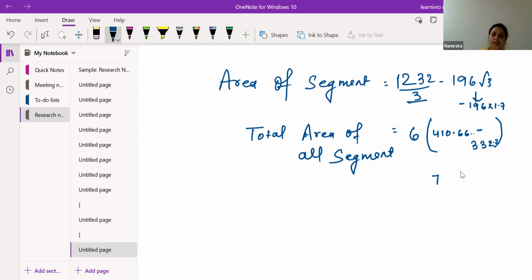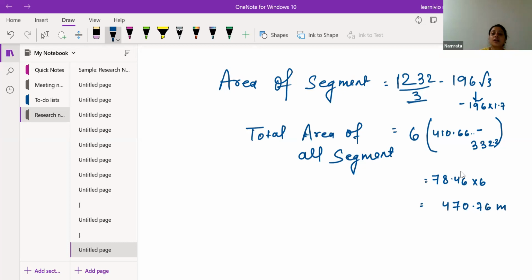So we got 78.46, and that multiplied by 6 gives 470.76. This is the total area.